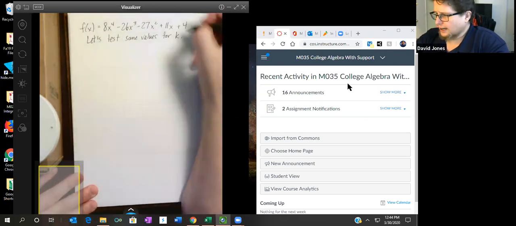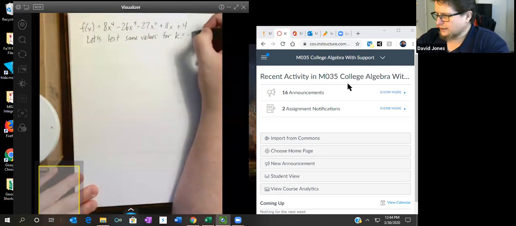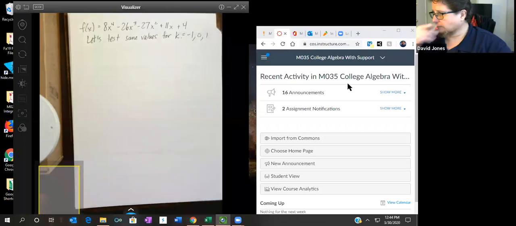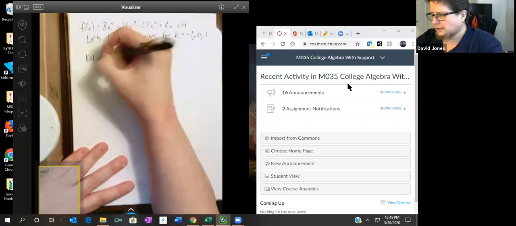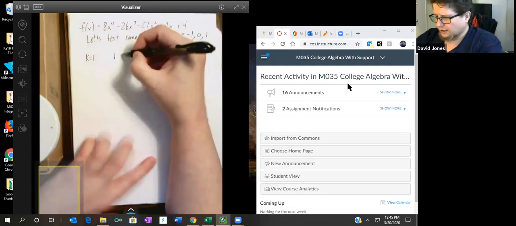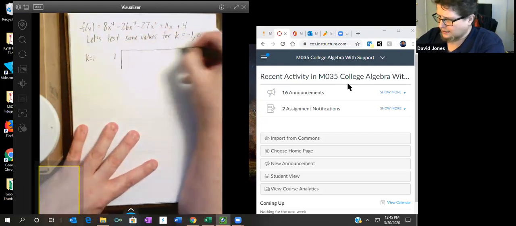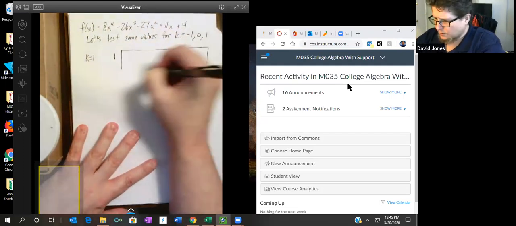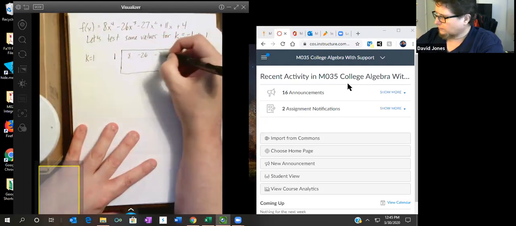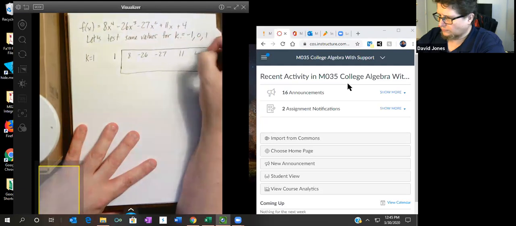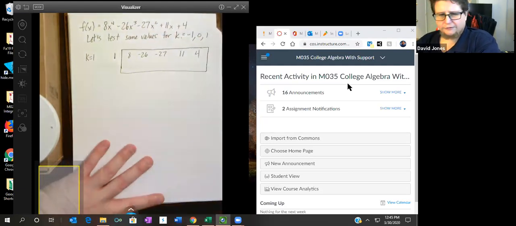Let's try k equals -1, 0, and 1. I'll start off with k equals 1. So we'll make our synthetic division box. Those are our coefficients.